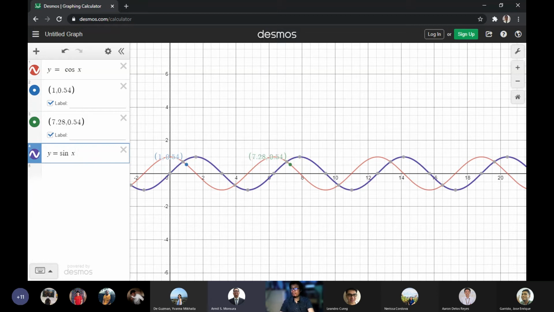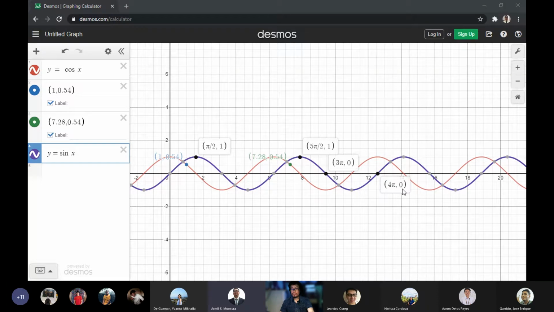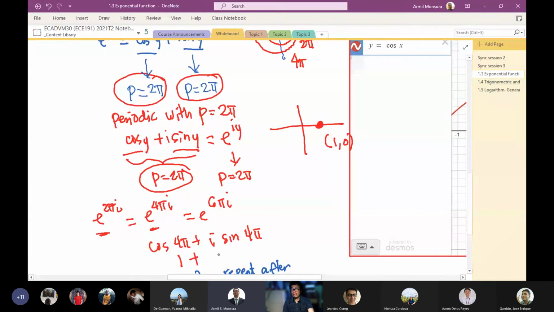Yung sine ng 4 pi, that's pi over 2, 5 pi over 2, this is 3 pi, 4 pi. So, ang value ng sine 4 pi ay 0. Therefore, this is 1 plus 0i. So, still, tumuturo pa rin siya dito.